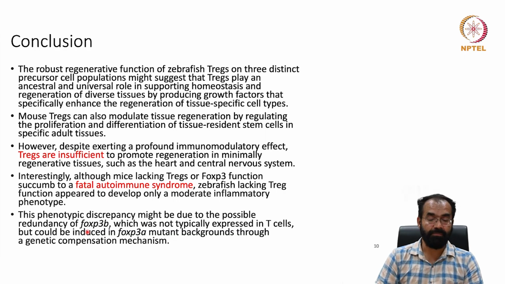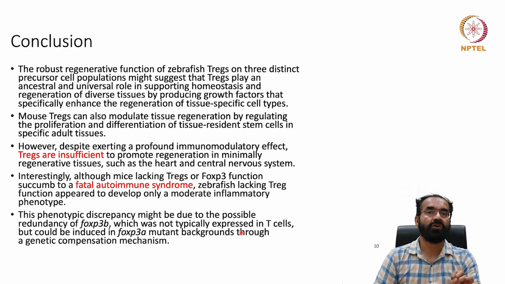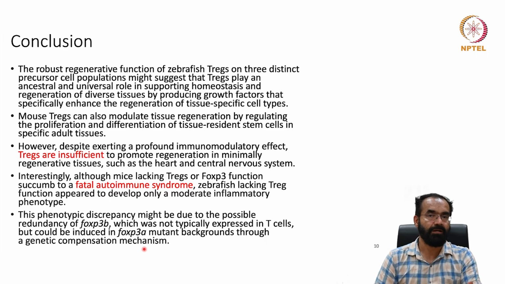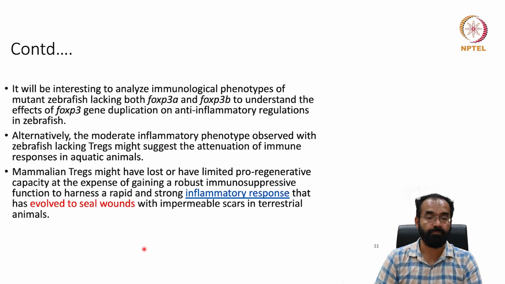Zebrafish has got a 3B, which was not typically expressed in T cells, but because of the absence of 3A, the 3B expression appears in Treg cells. It could be induced in FOXP3 mutant background through a genetic compensation mechanism when 3A is absent. Although it is not powerful enough to bring about the regenerative response, it is powerful enough not to have the autoimmune disease as you find in the mammals.